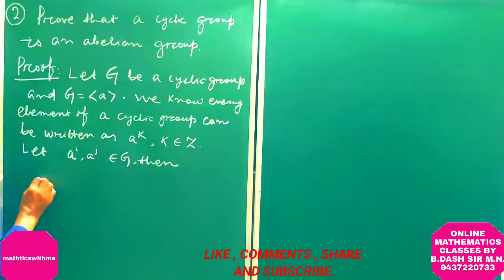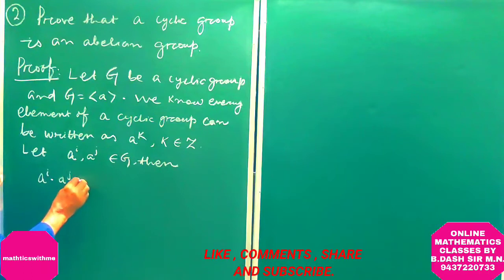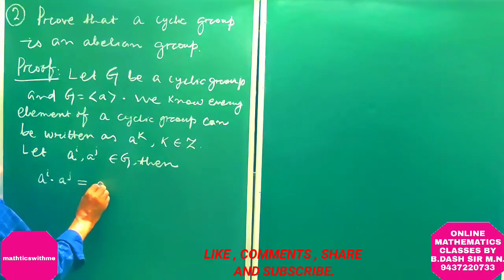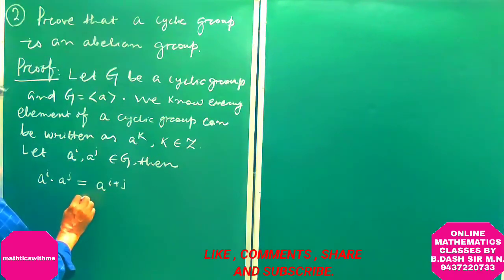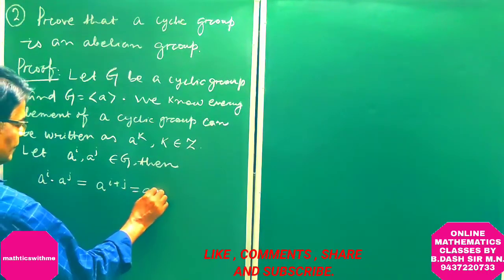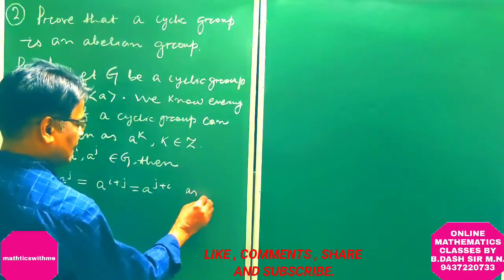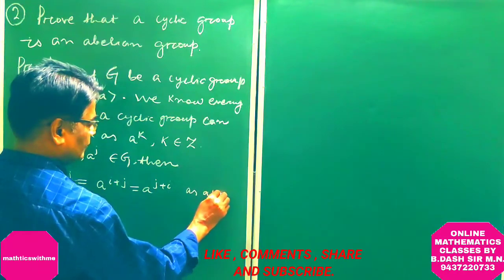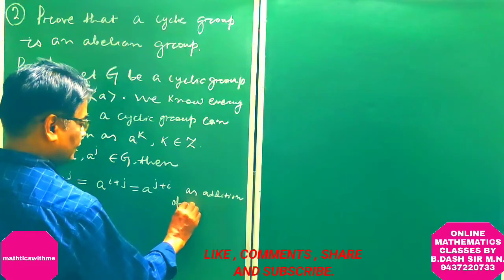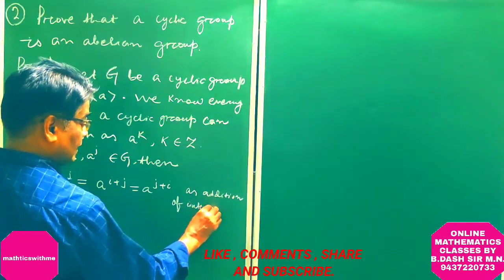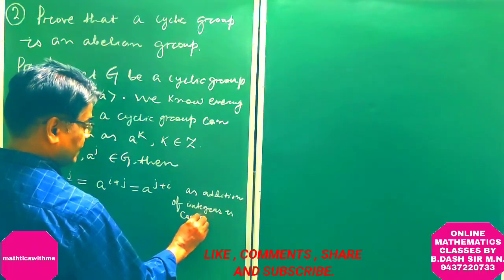Then a to the power i into a to the power j is equal to a to the power i plus j, which is equal to a to the power j plus i, as addition of integers is commutative.